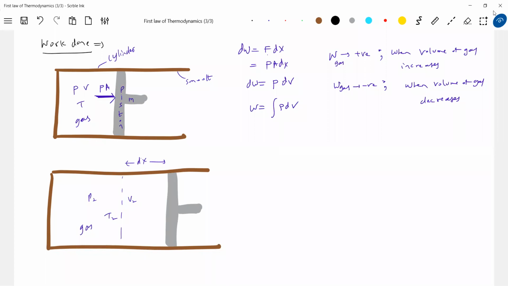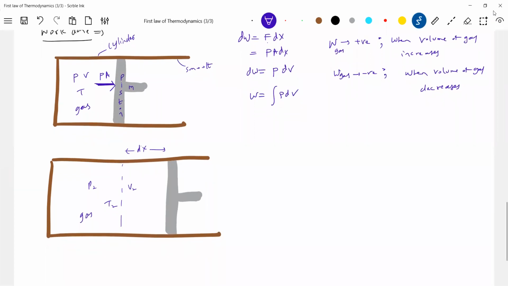because it is the integral of P dV. Okay, let's do one thing.